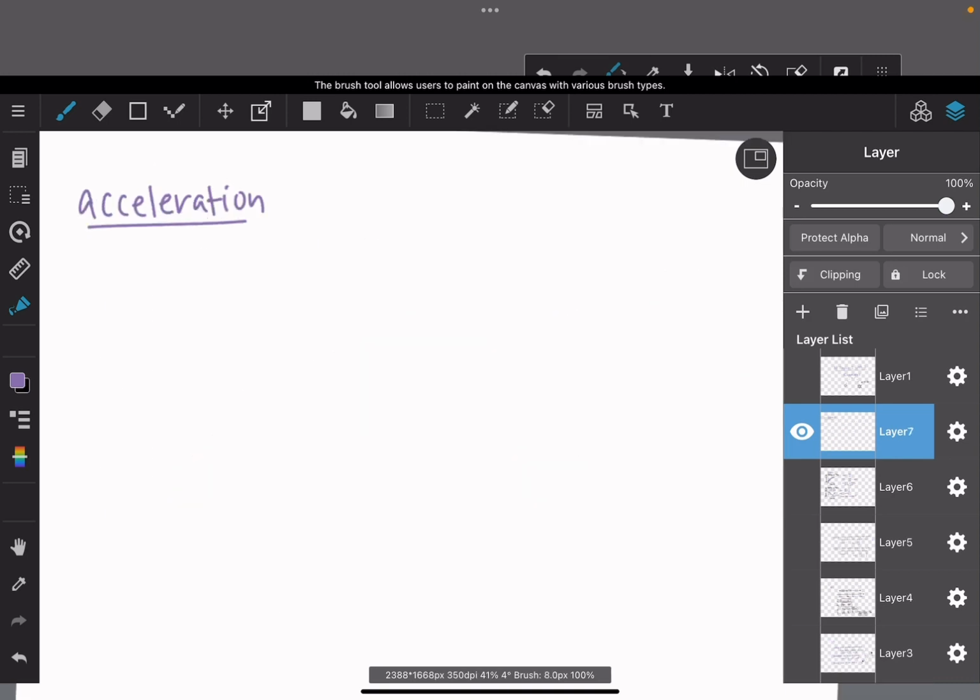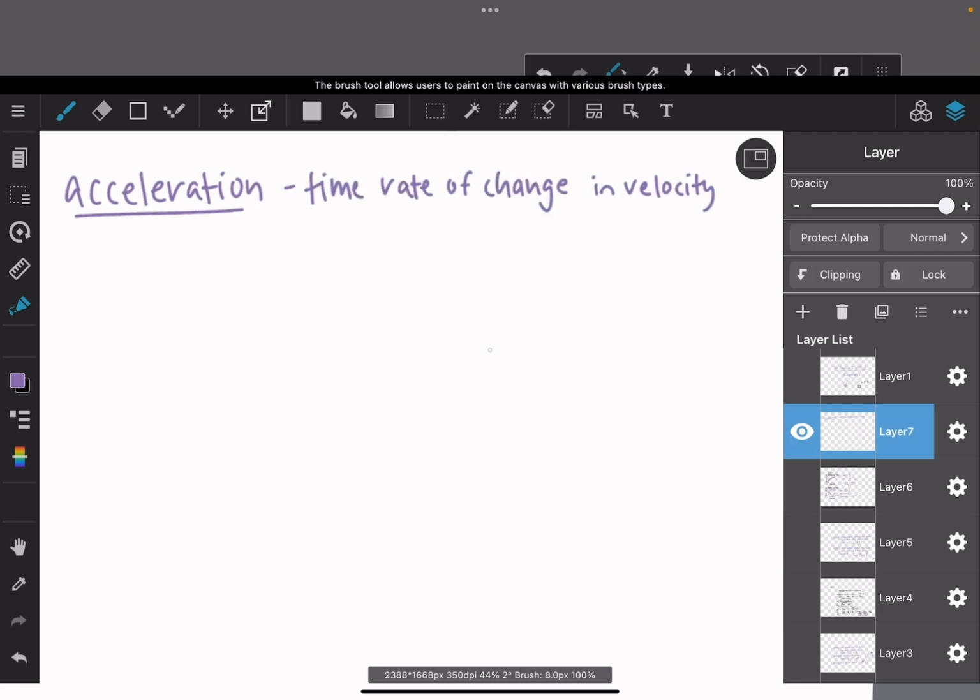Let's describe acceleration. Acceleration is a vector quantity indicating how much change per unit time in the direction of change. So it can also be said that acceleration is the time rate of change in velocity. Acceleration equals the change in velocity over change in time.